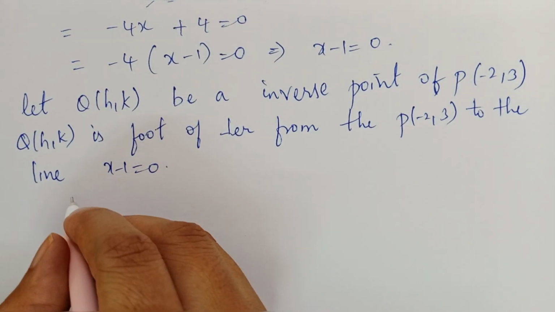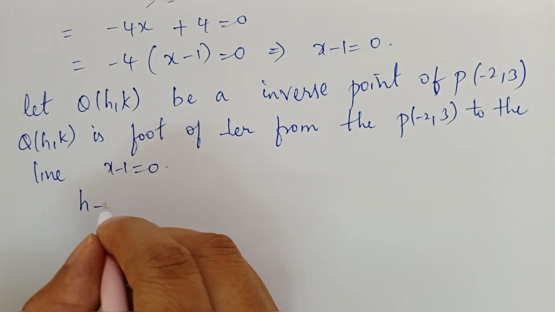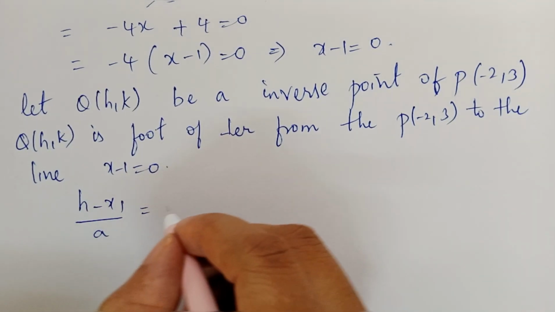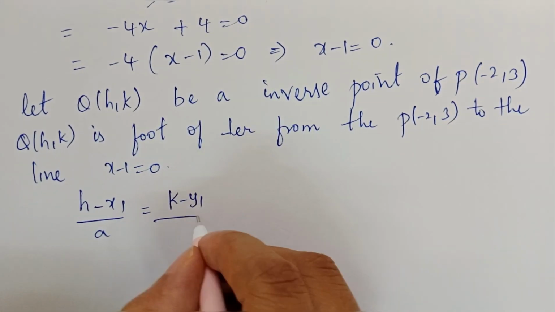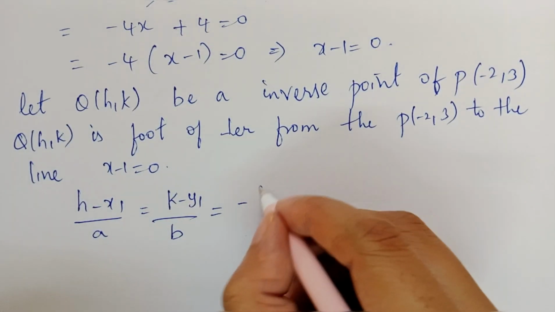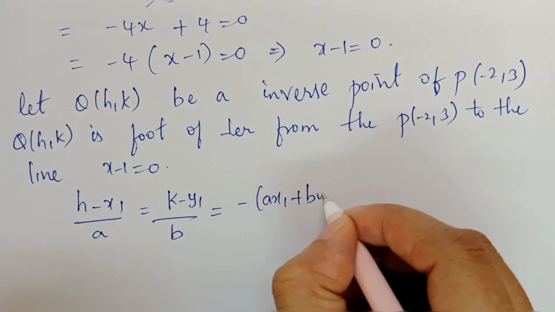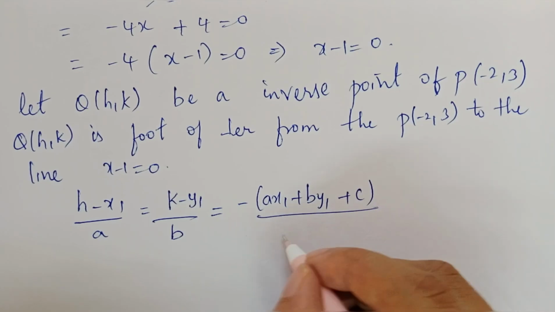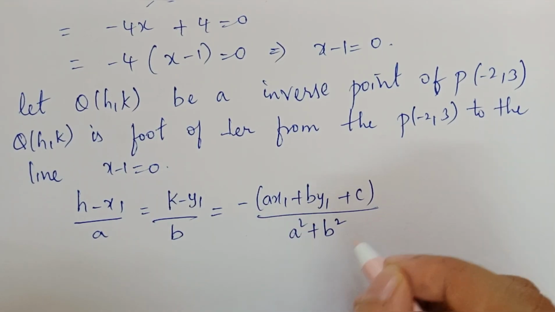So the formula is (h - x1)/a = (k - y1)/b = -(a x1 + b y1 + c)/(a² + b²).